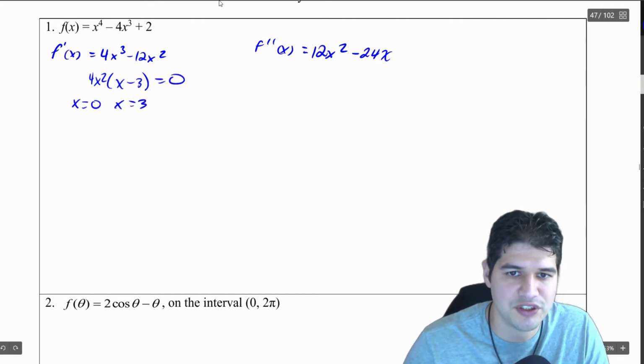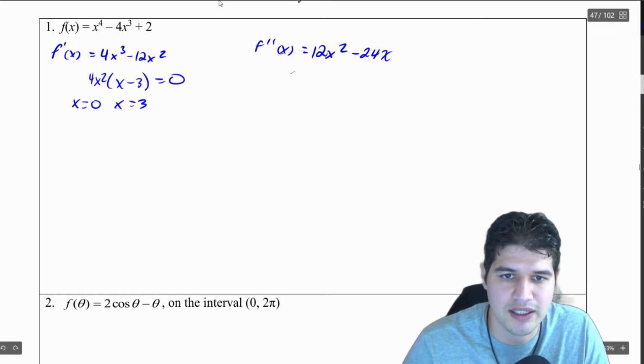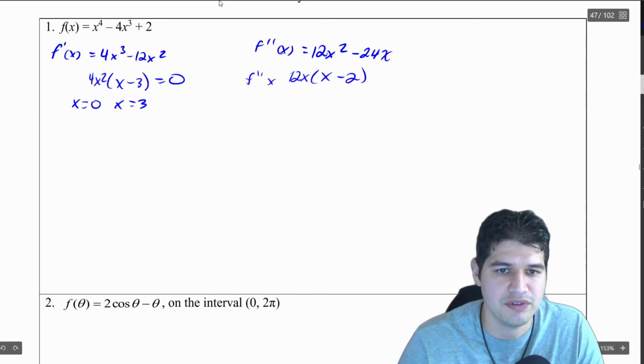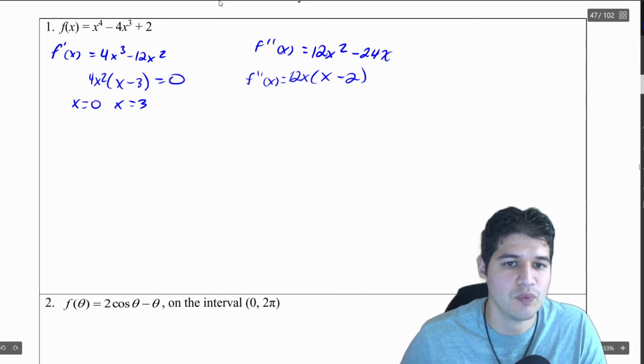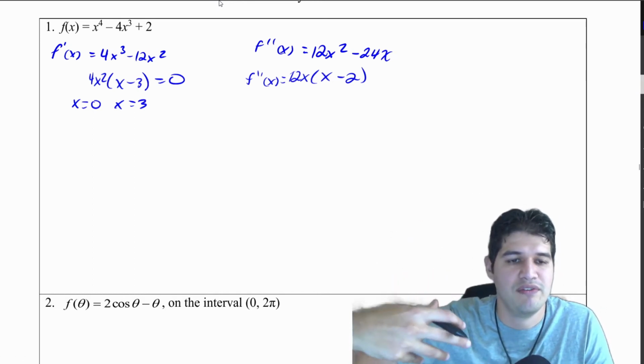I'm going to factor the second derivative as well. I can factor out a 12x, and I get x minus 2. So the second derivative of f of x equals this. What I want to do is find the second derivative at 0 and the second derivative at 3.